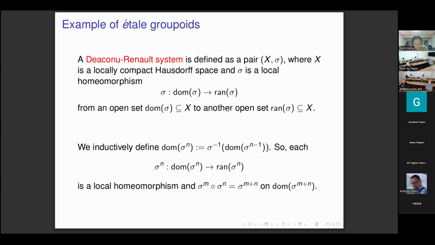And then we define the domain of sigma^n by looking at the domain of the previous power of sigma, inductively like this. And then each sigma^n is a local homeomorphism. And when you compose sigma^m and sigma^n, it's the same as applying sigma^(m+n) on the right domain.